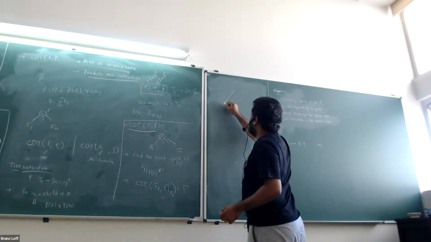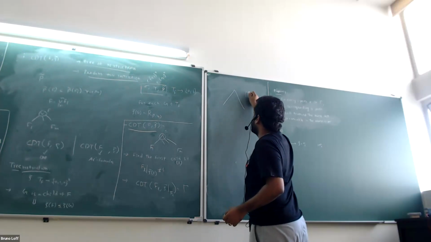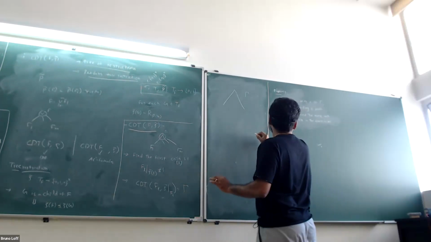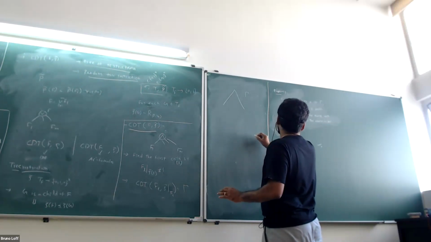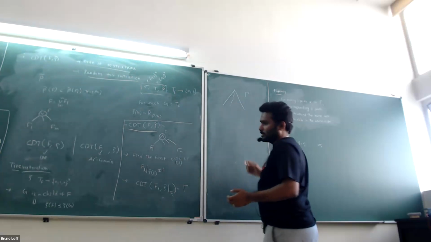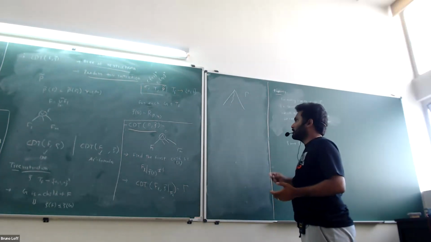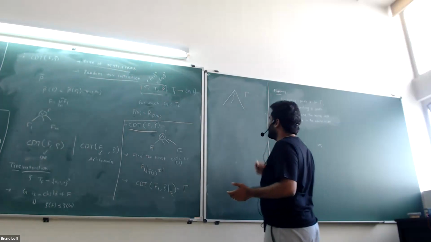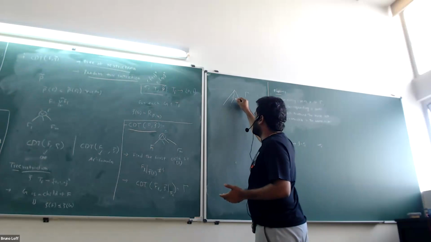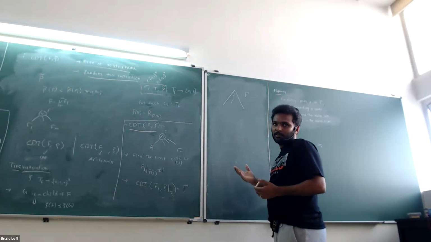Here you have a decision tree gamma which does not have this property. So what you are going to do is take any arbitrary 1 path. It need not have a corresponding 0 path with the same set of variables.